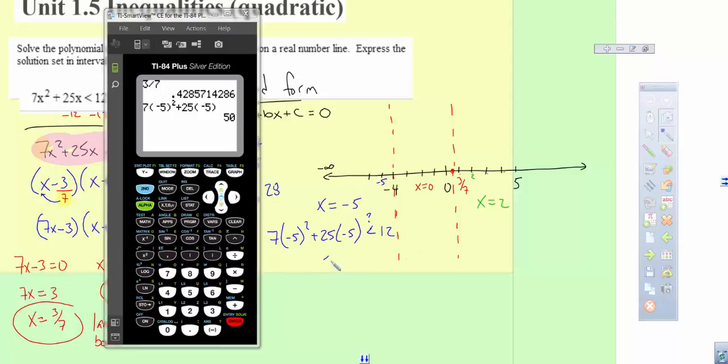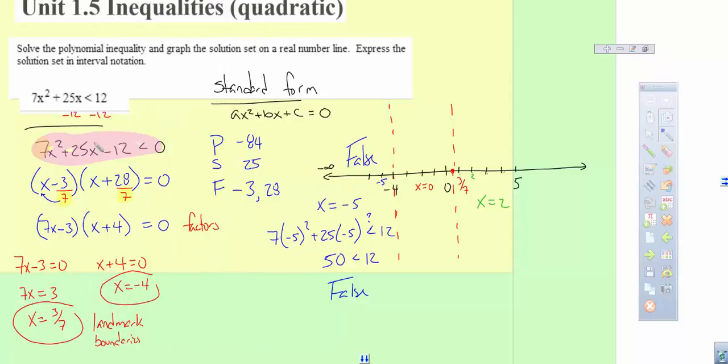So that means that 50 is less than 12, and that is a false statement. That means this region right here is false. Any number that I choose from this region will not make this inequality true.